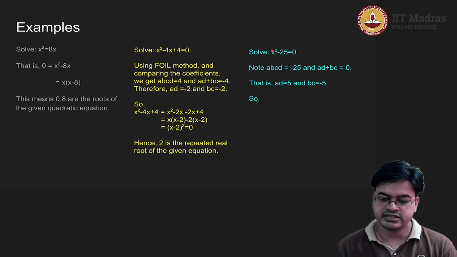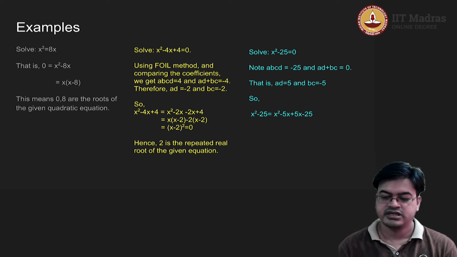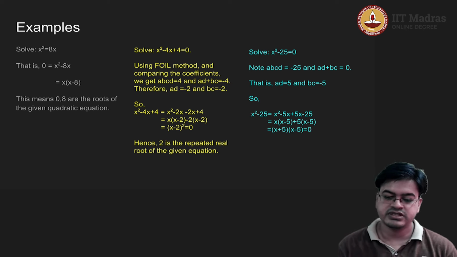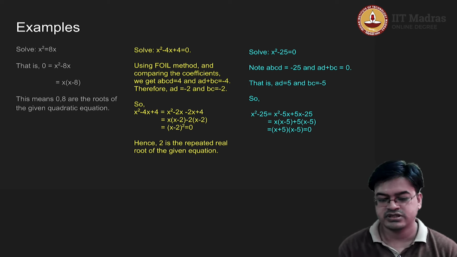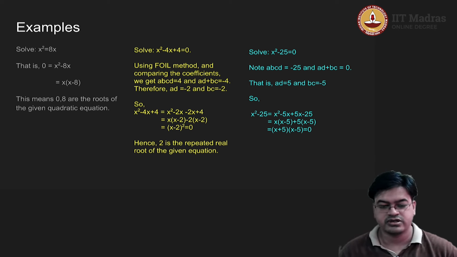So you take x square minus 5x plus 5x minus 25, take out the greatest common factors, that is x and 5 respectively. You will get this kind of expression, and then you just rewrite them as product of two numbers, that is x plus 5, x minus 5 is equal to 0, and you have solved.